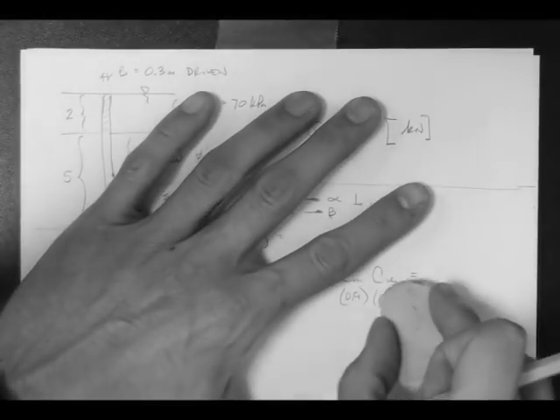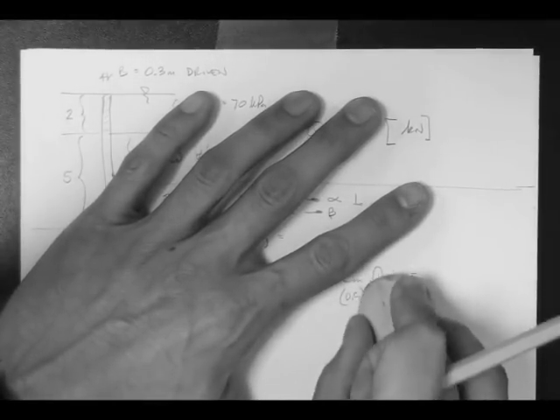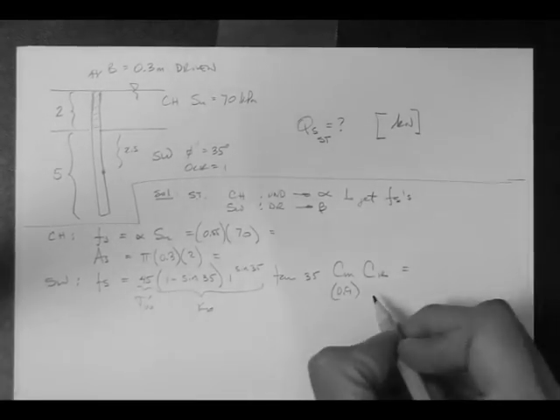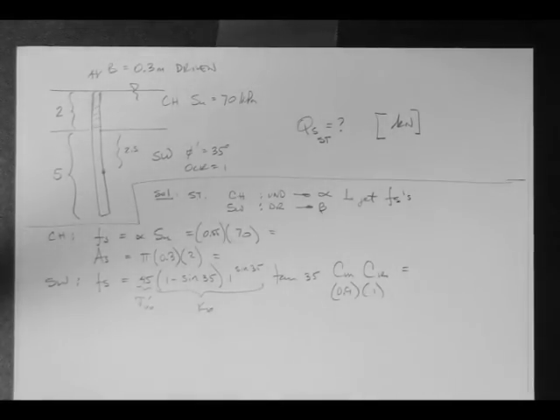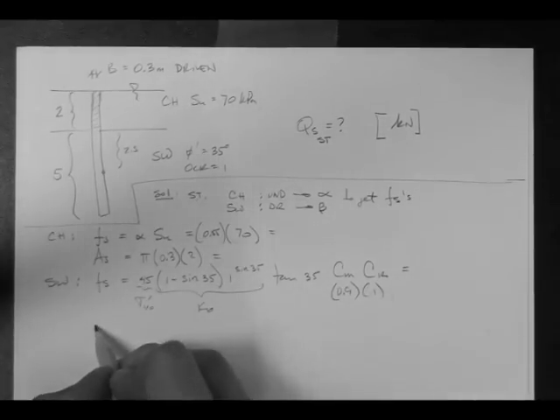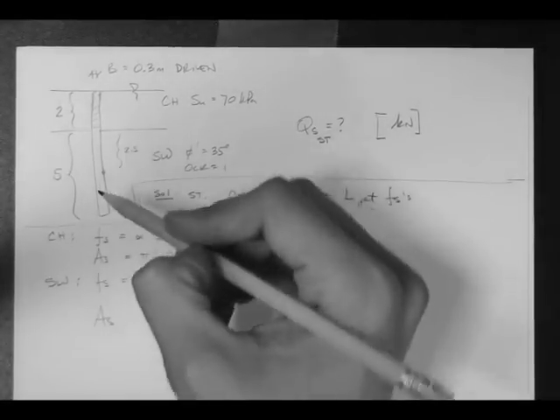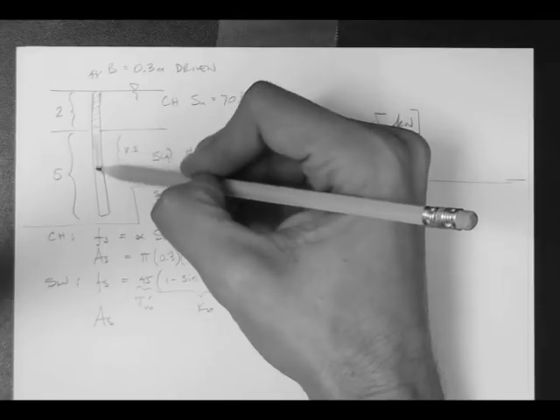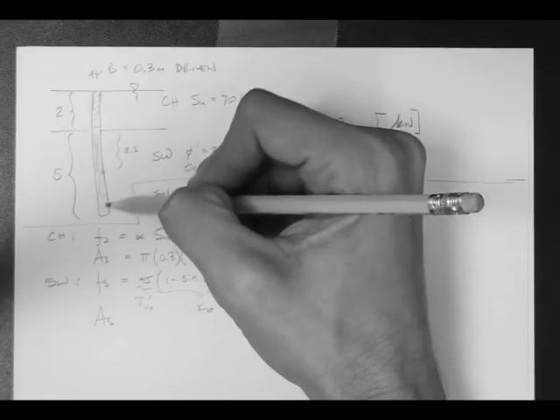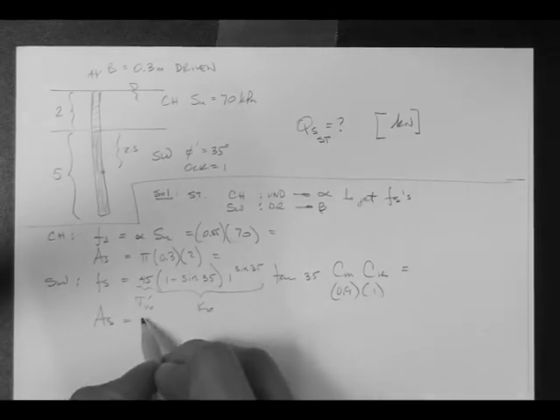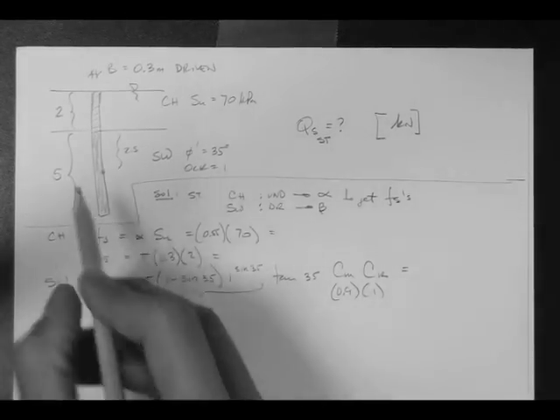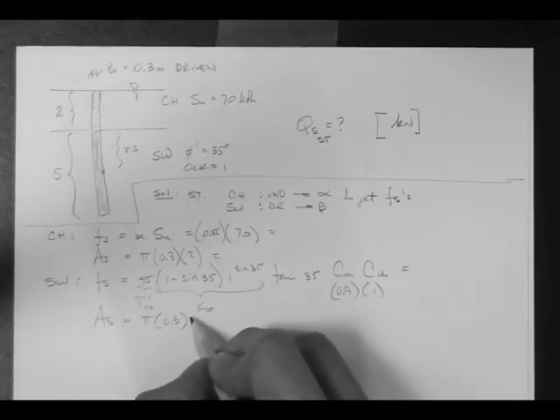The value of Ck is 1. Check your reader and you see that. Okay. And the As is the surface area of the segment that touches the sand, right? This part. So this is pi b times the length of this segment, which is 5.